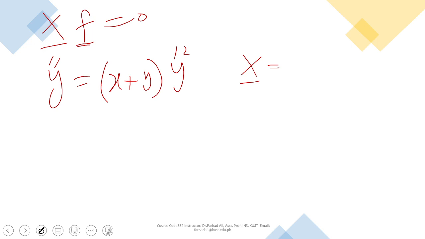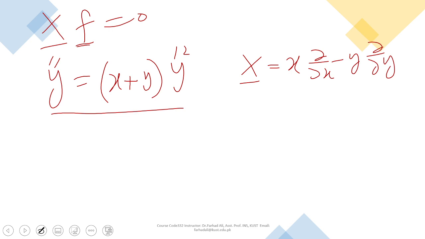Let's take this cube. So let's take a generator x partial by partial x minus y partial by partial y, and let's check whether it is a generator for this differential equation or not.